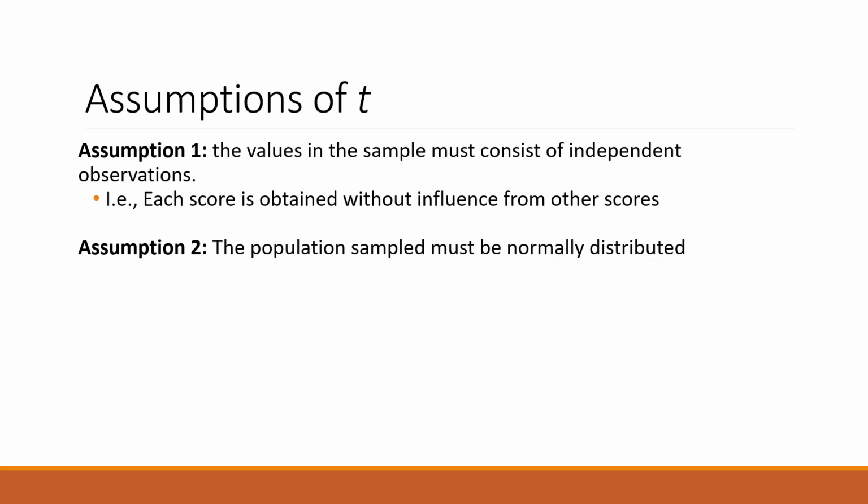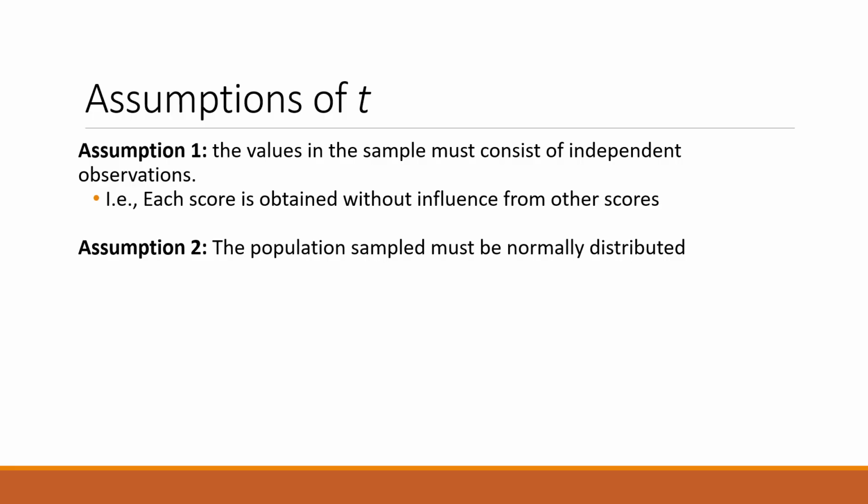With different tests, we have different assumptions that must be met, or the statistics don't really represent our information. There are two basic assumptions for the t-test. Assumption 1 states that the values in the sample must consist of independent observations. In other words, each score is obtained without the influence from other scores.